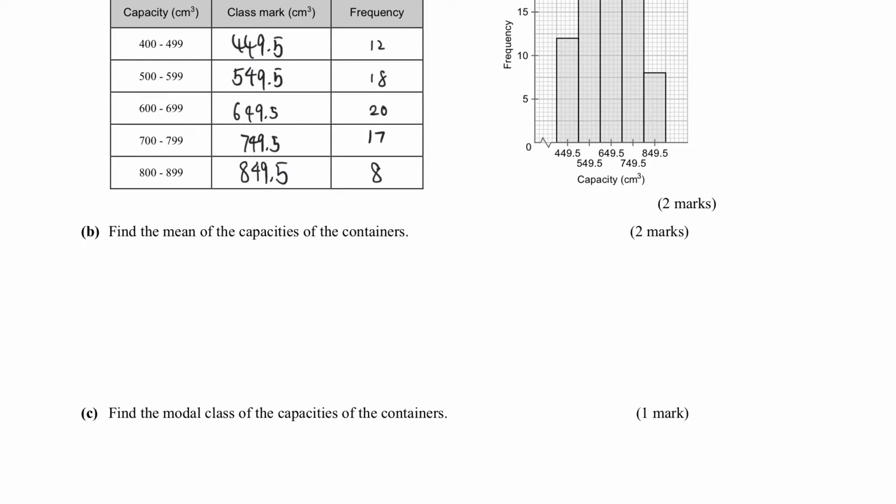Okay, for the mean, we will use the class mark to do the calculation. So when you set up the equation, we use the class mark multiplied by the frequency and then add them together.